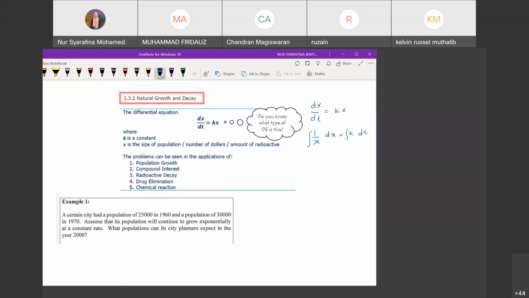Then solving this, you get ln x equals kt plus c, x equals e to the power kt plus c, and x equals A e^(kt), right?